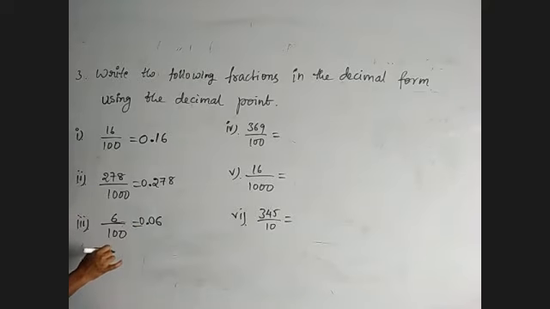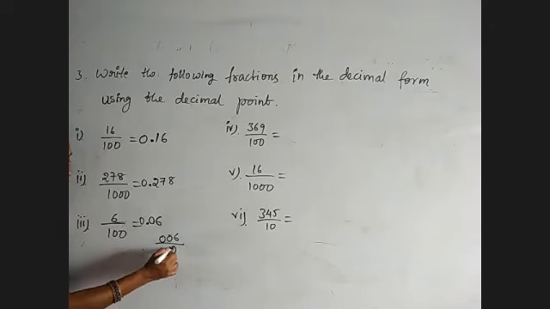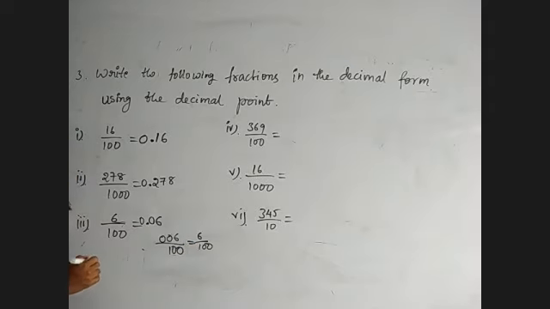So it is 0.06. To check after the conversion, convert it back into a decimal fraction: 006 in the numerator with 2 digits, that is 100 in the denominator, equal to 6 by 100. That's all.